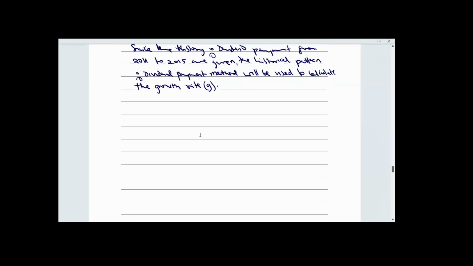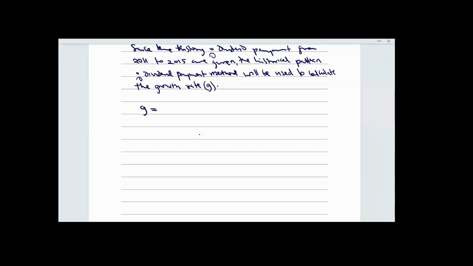Okay, so if that is the case, I would then say G equal to, now, you recall that I gave you two different formulas. The first formula, which is N minus 1 into square root latest dividend divided by dividend paid in the first year, all minus 1. I said that formula will be used when the history of dividend payments are given across all relevant years.